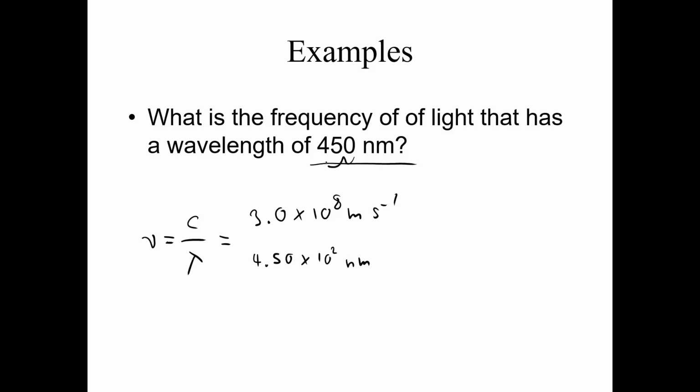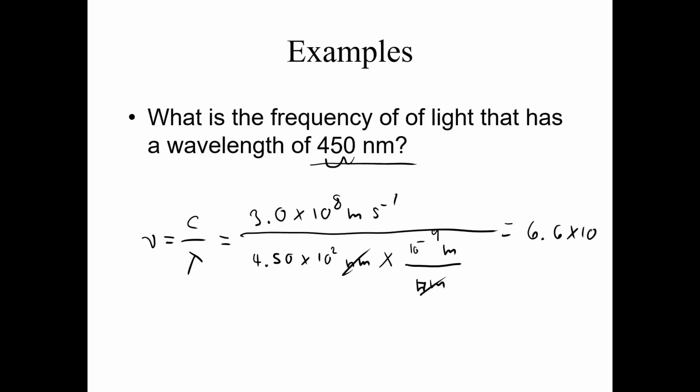I just put it into something where I can just deal with the exponents here, times 10 to the minus 9 meters divided by a nanometer here, right? So my h's look like n's, so you just have to also listen to what I'm saying. So nanometers cancels, and then this turns out to be 6.6 times 10 to the 14 hertz, or per second, interchangeable, right?